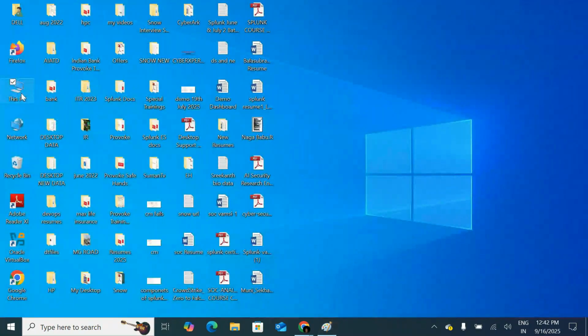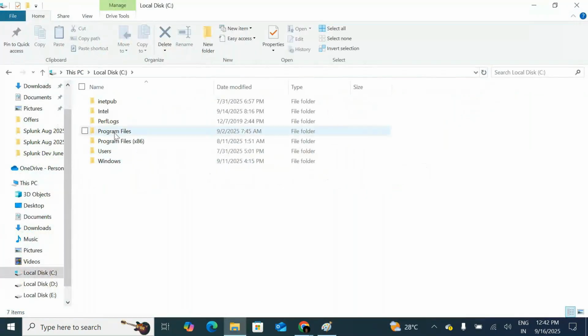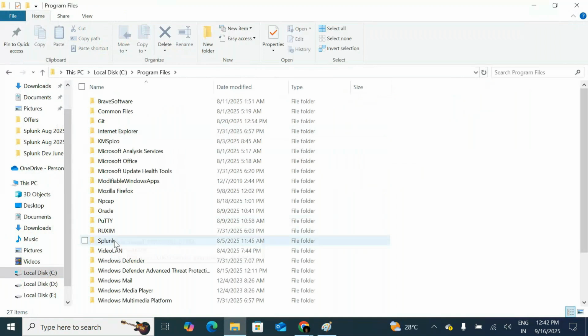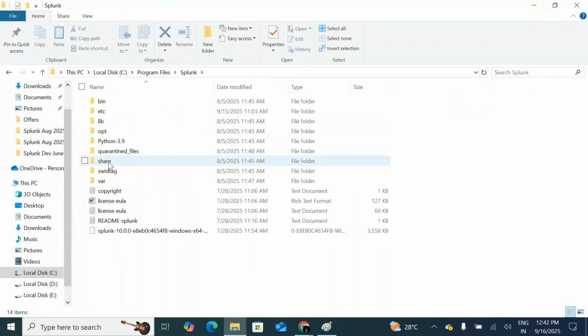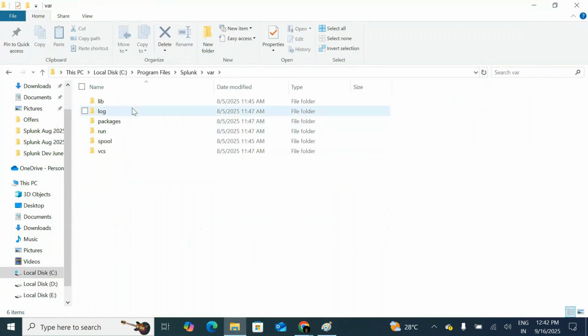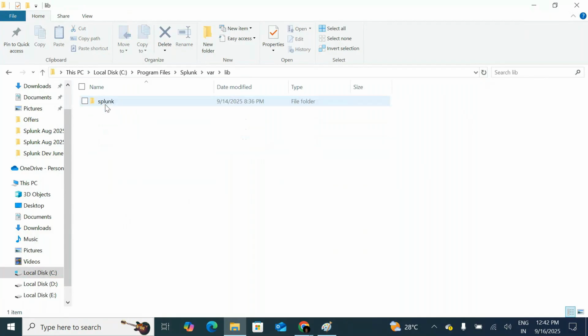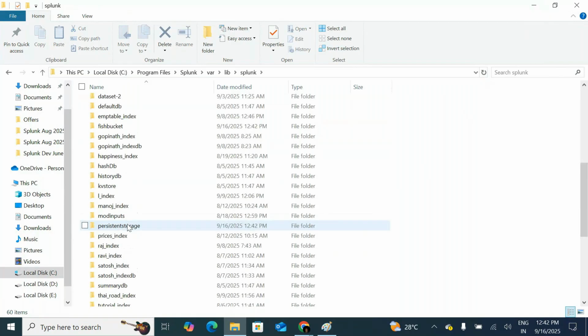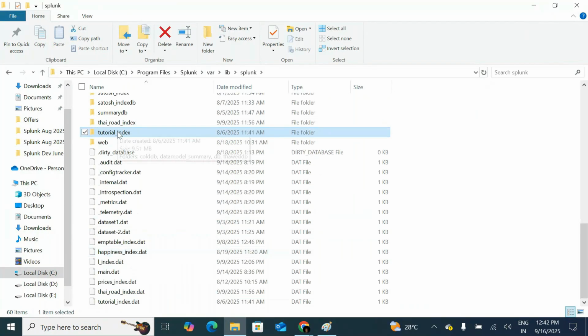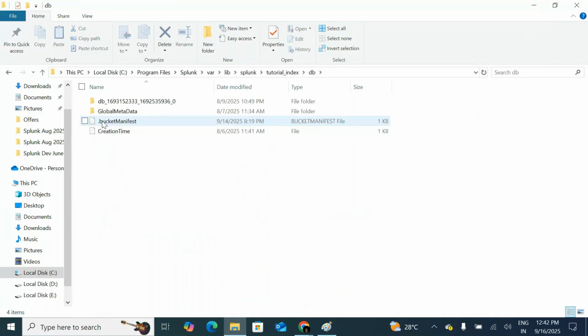It is too early to know that, but I will show you. Under Program Files, Splunk, lib, if it is a storage, this is my index. Assume that the tutorial index is my index. In that, this is the DB storage.